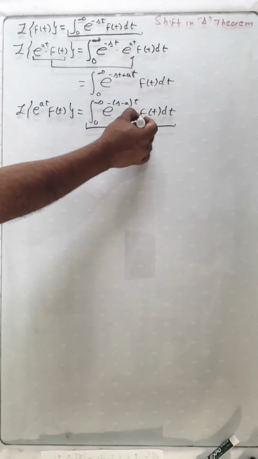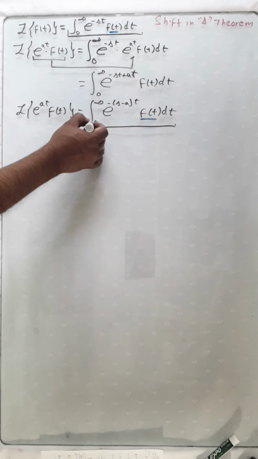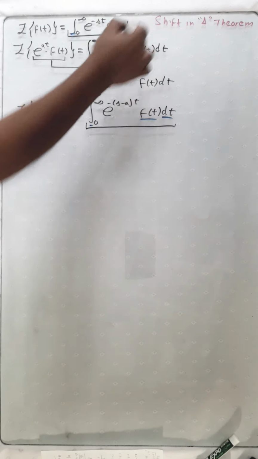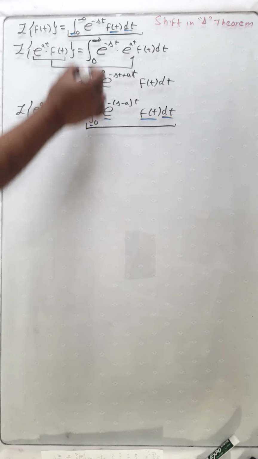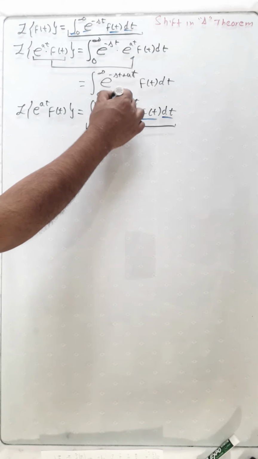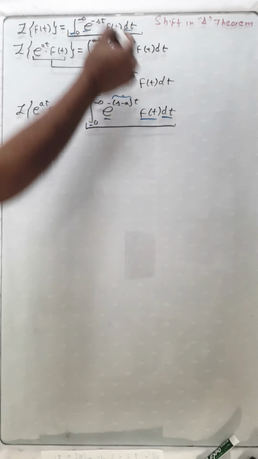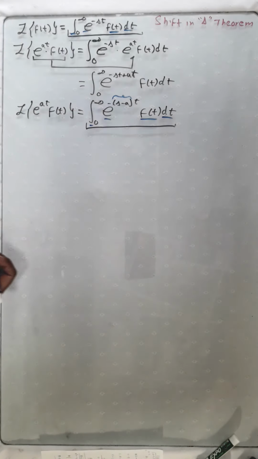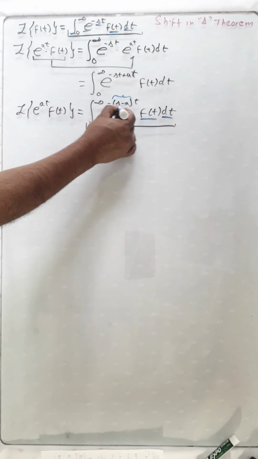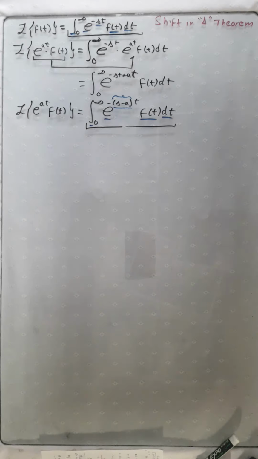We have the same function, the same differential, and an exponential. The only difference is here, we have the t and we have the minus. So here is just s, while here is s minus a. That is the only difference.